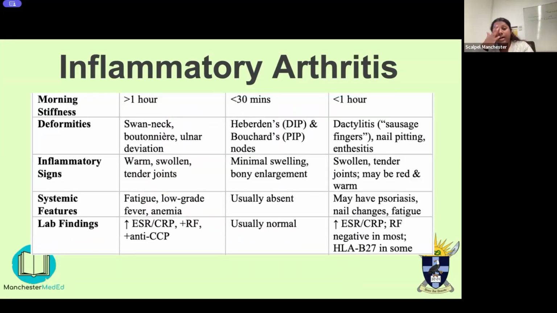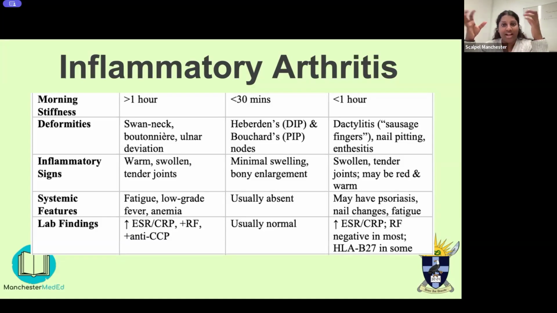Another thing with both rheumatoid and osteoarthritis is that osteoarthritis lasts for less than 30 minutes in the morning. The reason why I say this is because with rheumatoid, you wake up and your joints are swollen, and it'll be swollen for more than an hour.